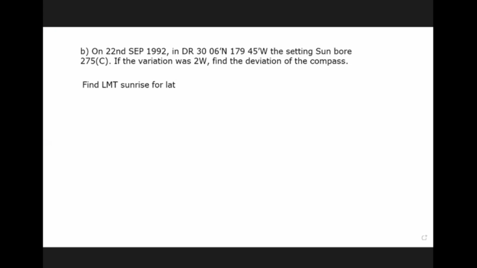Okay, now we have latitude 30°6, and it is 22nd September. So let us go to the almanac. I'll just open up the almanac and share. This is the last time I'll be opening up the almanac and sharing, because after that you will be able to do it on your own.